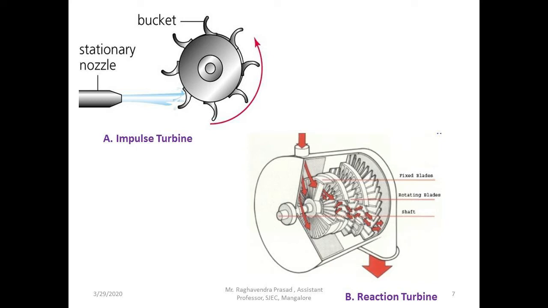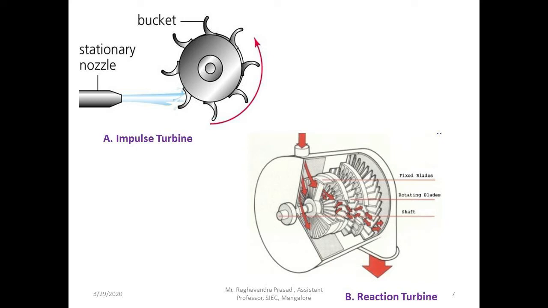When the water impinges on the buckets or the blades of the turbine, the blade moves and the turbine rotates in counterclockwise direction. Now you can see here the water is in the form of a jet and it is not filling the casing, or it is not in direct contact with all the blades at a time.